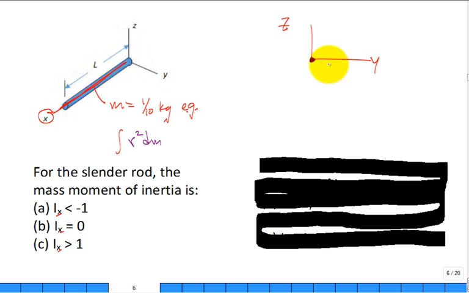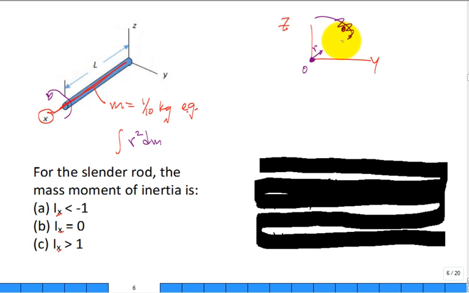What is r? Well, it's this distance r from the origin. So what you're thinking is how hard or sluggish is it to spin that long, slender rod around the x-axis? That's the property that we're dealing with, this mass moment of inertia. Well, you need mass pretty far away. A lot of mass far away makes for a large mass moment of inertia.